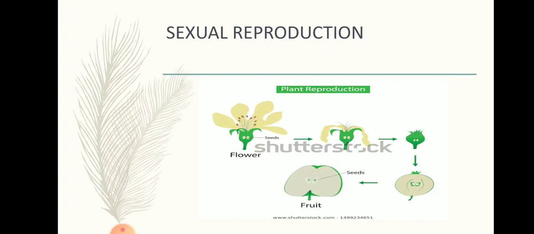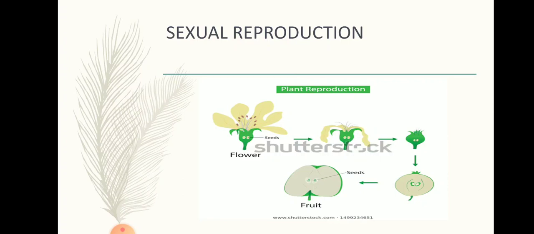Seedless varieties of some fruits can be produced using vegetative propagation. And the last advantage is that it is a very economical method. It does not cost much, and therefore it is an easy and economical method of giving rise to a new plant.